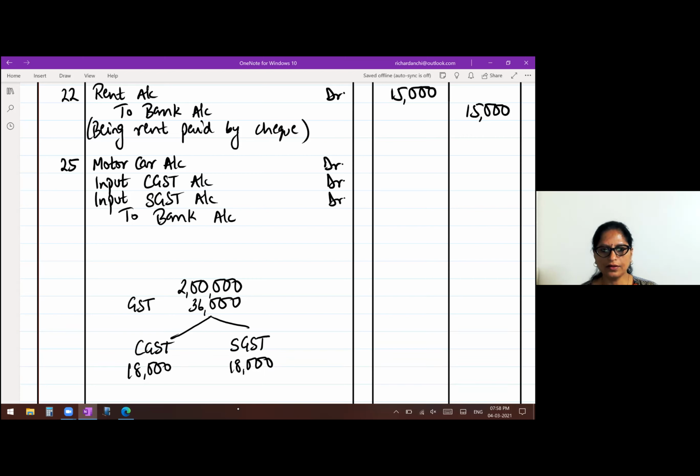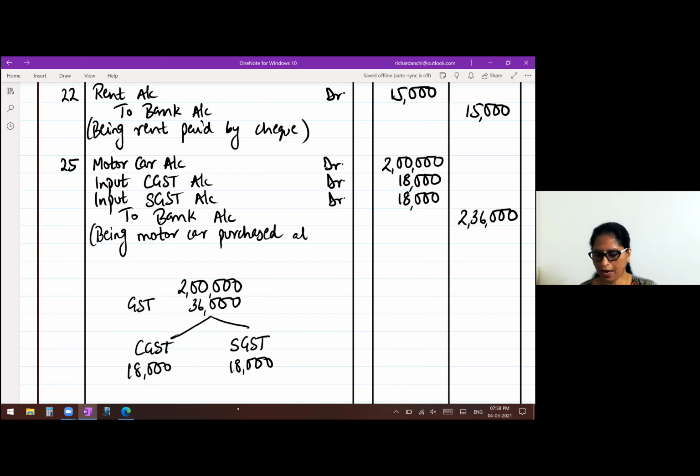So now write in the entry, motor car account debit 2 lakhs, input CGST 18,000, input SGST 18,000, to bank account, the total you can take 2,36,000. Narration being motor car purchased at 18% GST and paid by bank.